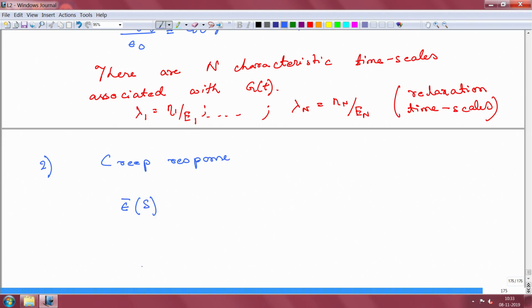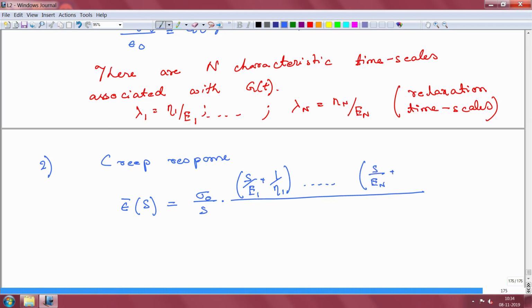In this case you will just have the opposite. You are looking for the Laplace of the strain, epsilon bar, which is going to be some sigma naught by s, and the numerator and the denominator will be flipped this time. So, you have on the numerator s by E 1 plus 1 by eta 1 and all the way till all your n multipliers, and on this side you have q 0 plus all the way till q n s^n.